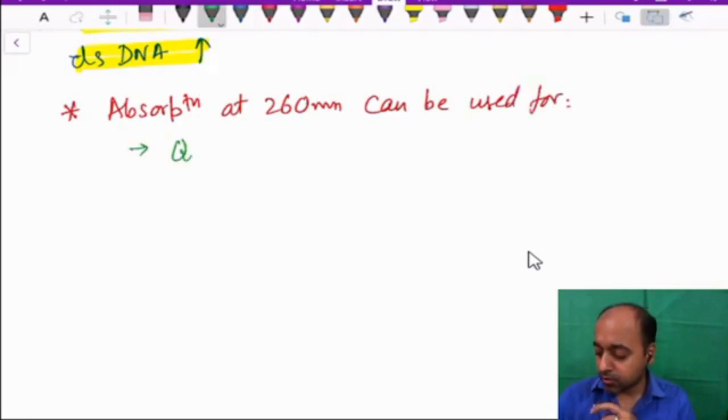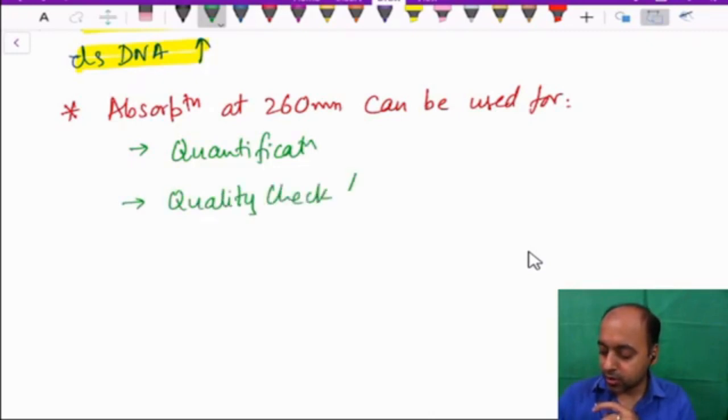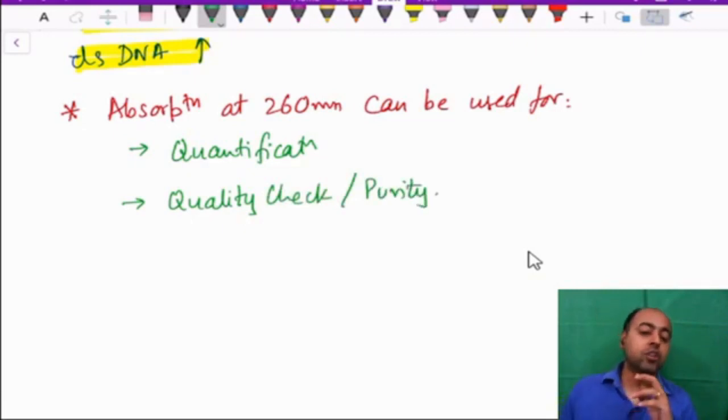Number one, quantification, and number two, quality check, or in other words, the purity of a solution of the nucleic acid. It will be applicable for the RNA, the DNA, oligonucleotides, and even the free nucleotides in the solution. The absorption at 260 nanometer can be used for quantification as well as quality check or purity for a solution of the nucleotides. So this is all about the nucleotides.